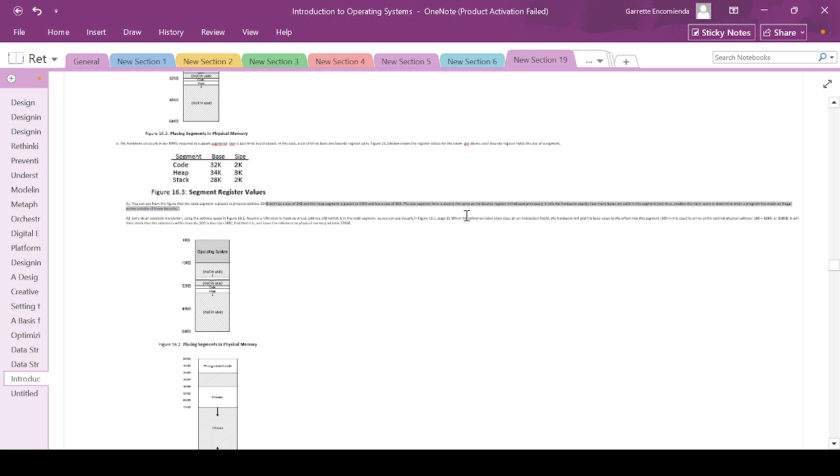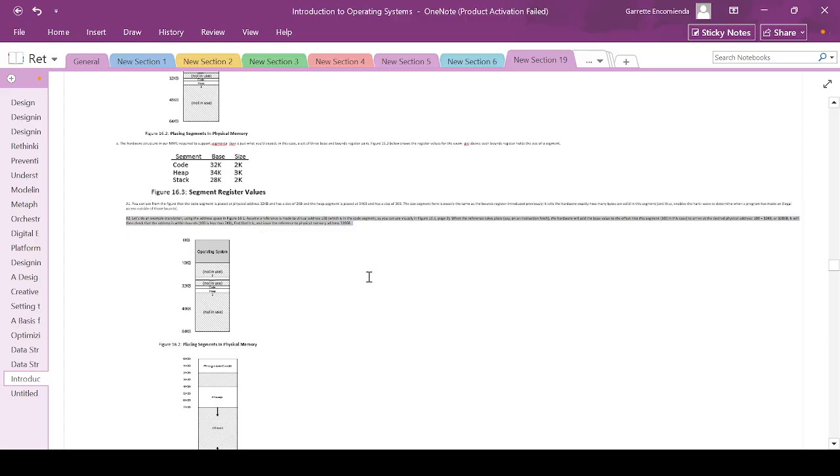The size here is exactly the same as the bounds register introduced previously. Just like what we did earlier, the bound could be the size of the process or the physical memory. Now, the size of this logical segment is the new bound we introduce. It tells the hardware exactly how many bytes are valid in this segment, and thus enables the hardware to determine when a program has made an illegal access outside of these bounds.